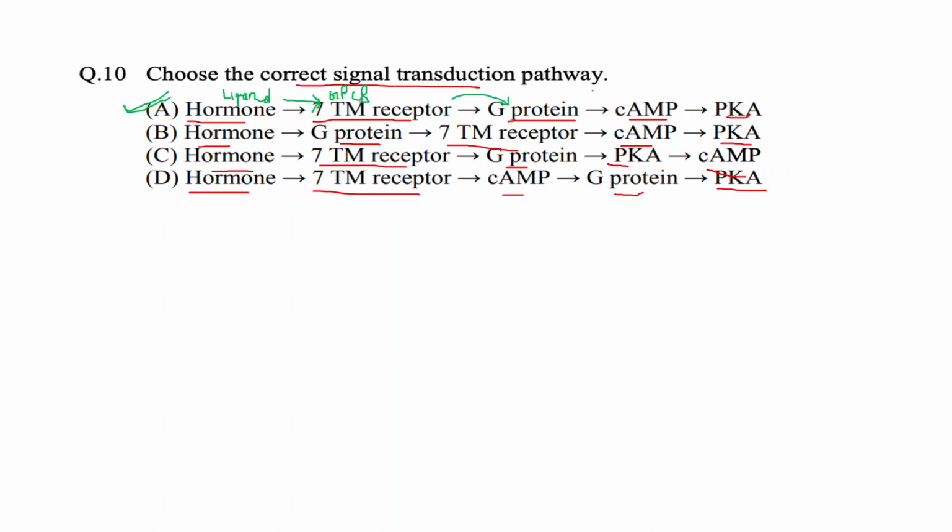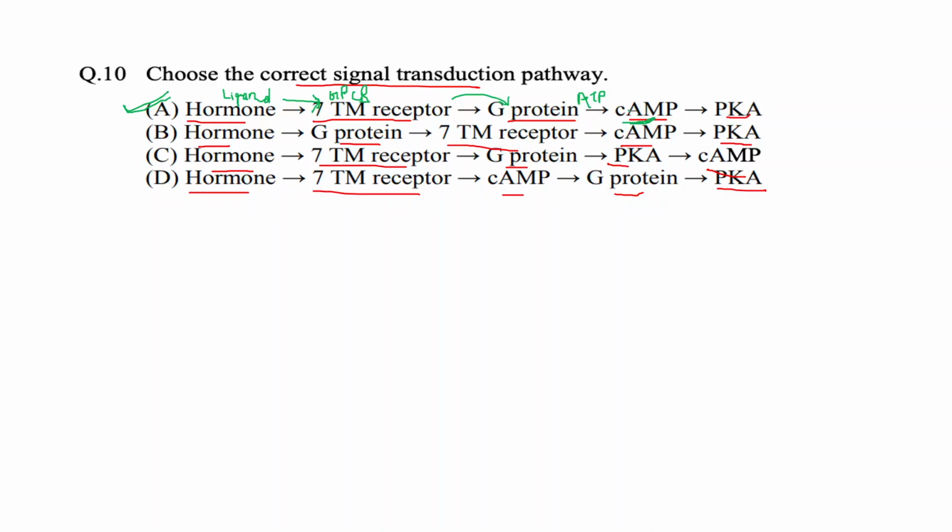Then once the G protein is activated, it converts the ATP to cyclic AMP. So option C is not correct, because here protein kinase A comes first, which is not the correct sequence. Firstly the G protein will convert ATP to cyclic AMP.